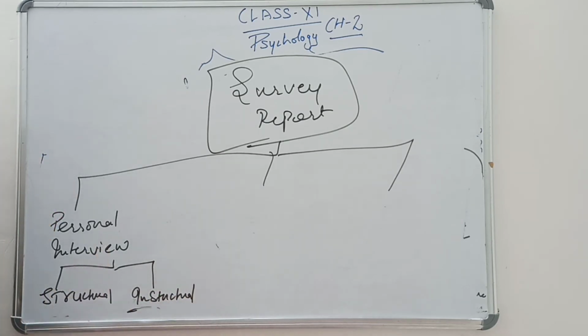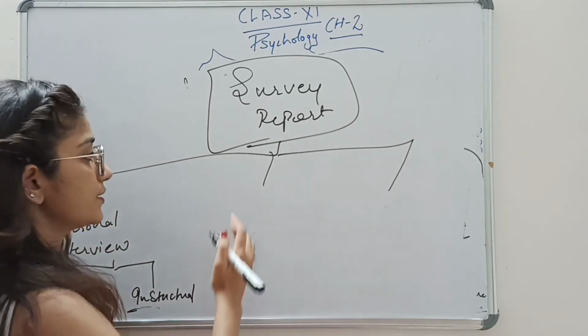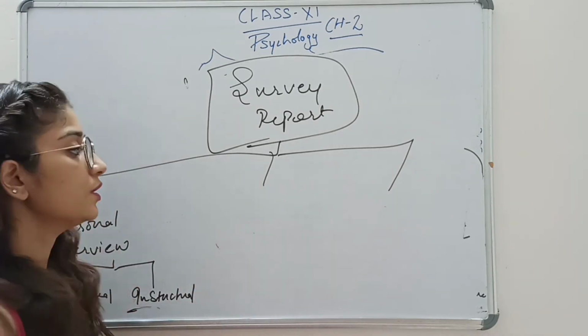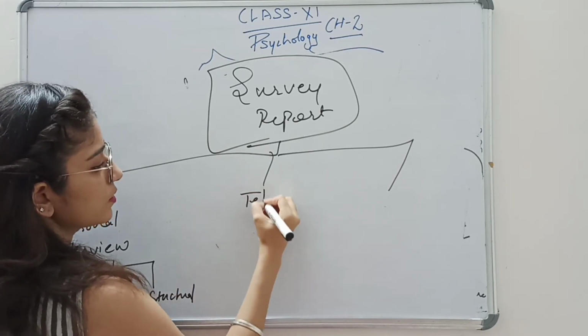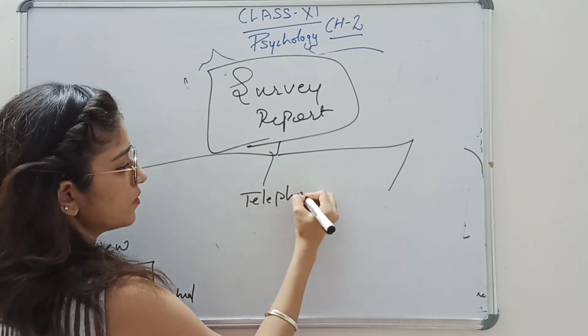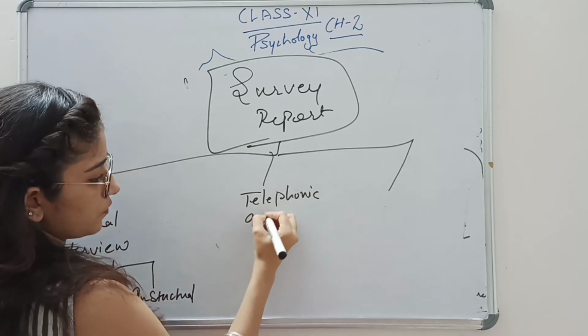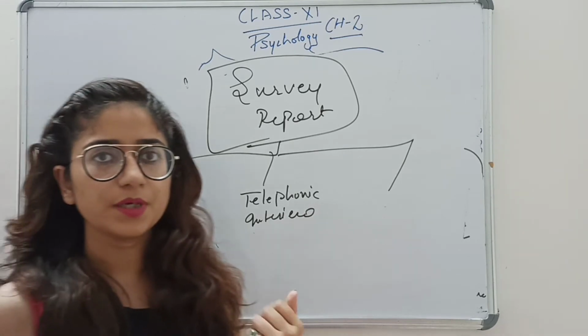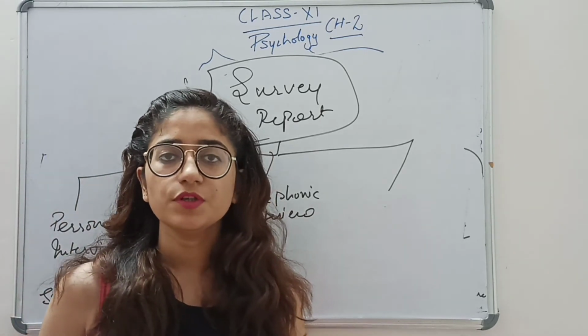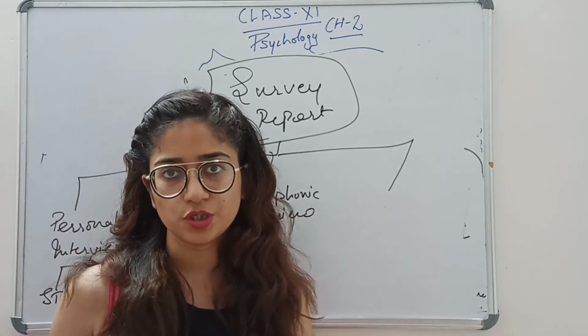Now the second one, after personal interview, is known as telephonic interview. Sometimes you get calls from a company or someone else in which you are asked some questions, right?